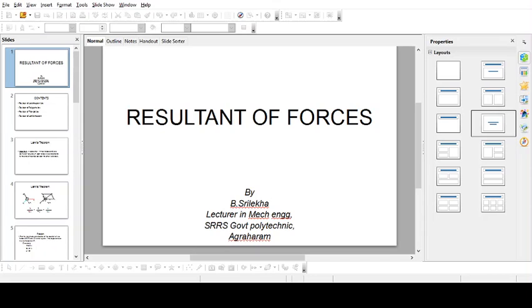So I'm substituting those, and instead of P I am substituting 2Q. You will get the value Q is equal to 50 newtons and P is equal to 100 newtons. So this is all the solution for the above problem.